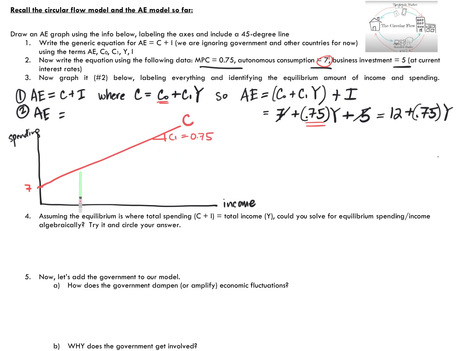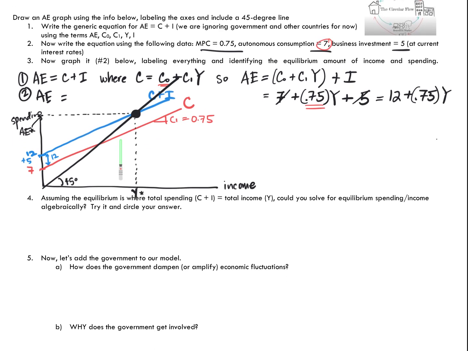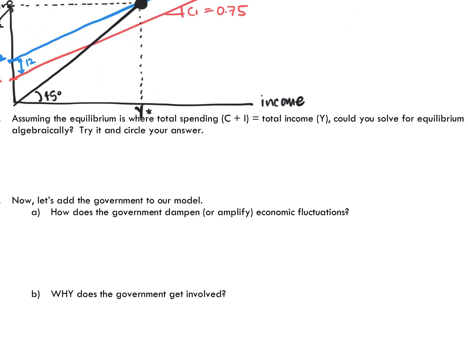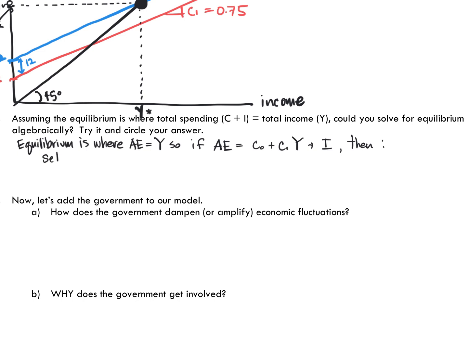So total aggregate consumption is that orange line, and then if you add investment, which is just a vertical addition of that extra 5, you've got the C plus I line, and then the Keynesian cross. We'll be putting them together, and there you've got your equilibrium. And then we can also solve this algebraically.